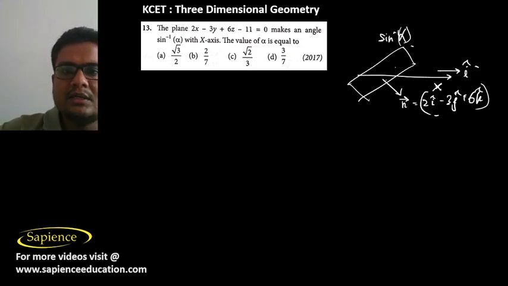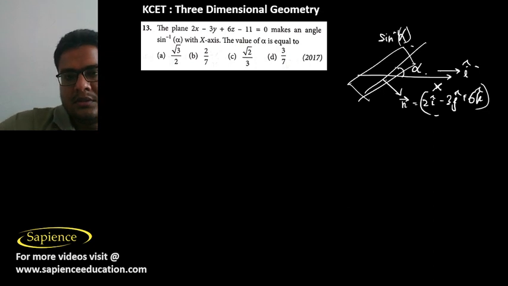How much angle the plane makes with the x-axis, let that be alpha. Then the angle that the normal vector to this plane makes with the x-axis will be 90 degree minus alpha.